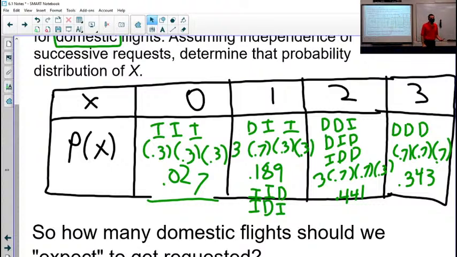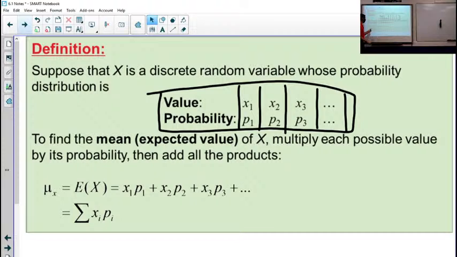And so what we're going to do is we're going to use the values that we could get to weight how much we should factor it into the probability. So in other words, because 34% of the time we're going to expect 3 of them, we're going to triple this value in our calculations. And we're going to combine this kind of weighted average in a formula called the expected value.